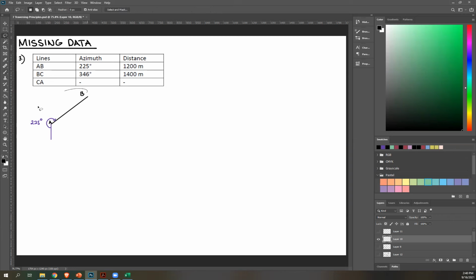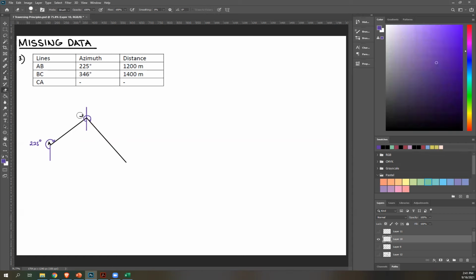Okay? Next, azimuth of BC. Okay, so BC is longer than AB. So keep that in mind. And then get the azimuth. 346. So that is somewhere here. Okay? So it's almost a full rotation, but not quite. So it's just somewhere there. And then it's longer, so like that. Okay?